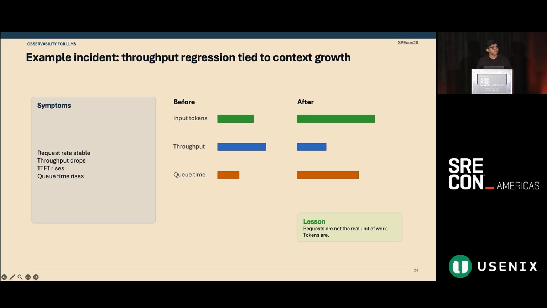Sessions might have gotten longer, or more documents were attached to the requests, leading to higher cache usage. As a result, the concurrency dropped, leading to lower throughput and increasing latency. So in LLM systems, bigger requests often hurt more than more requests.